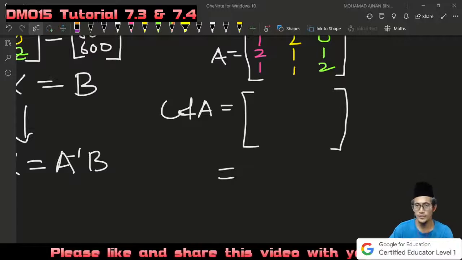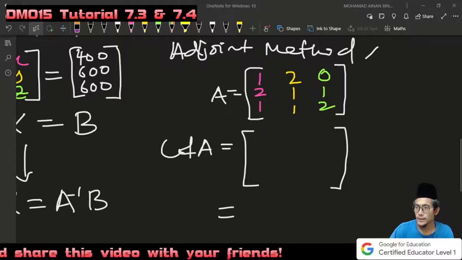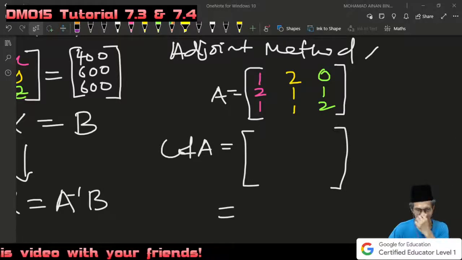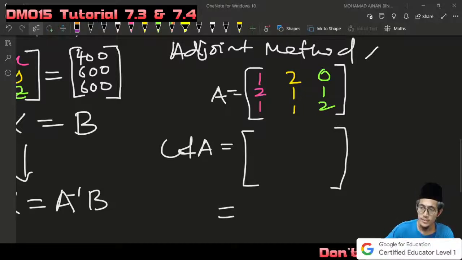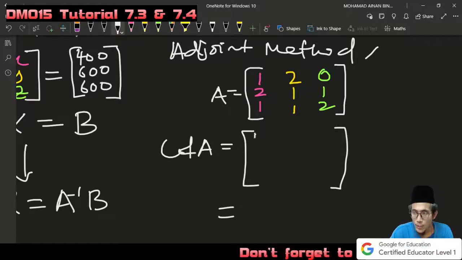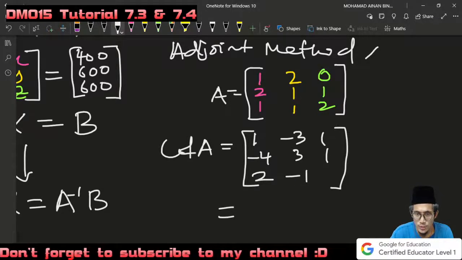Find cofactor matrix. Okay, what is the value? Okay, the value is 1, minus 3, 1, minus 4, 3, 1, 2, minus 1, minus 3.